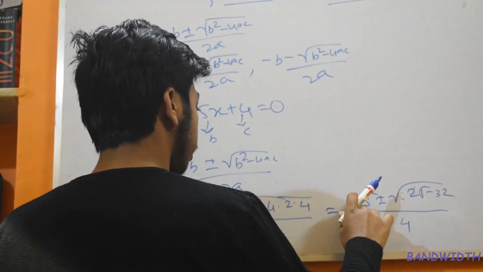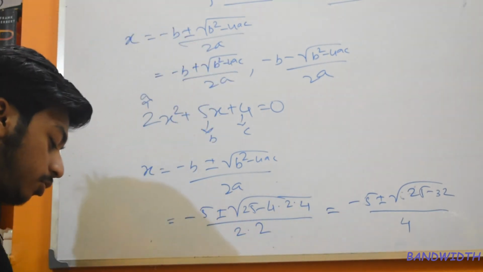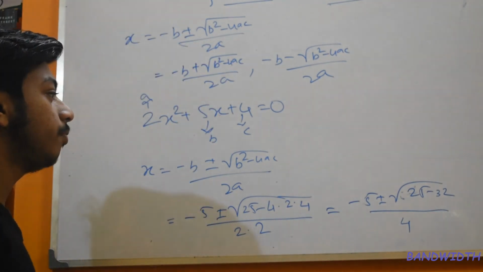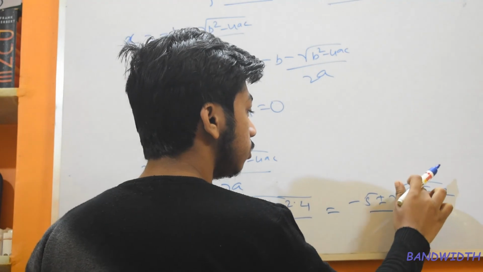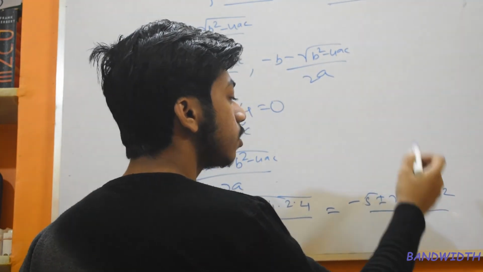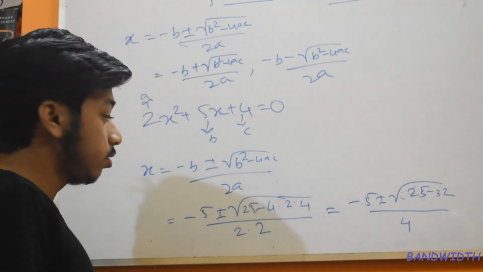Now there is a problem, guys. As I told you, you will get the answer in this form, but as you can see, here comes a negative term inside the root. What are you going to do then?